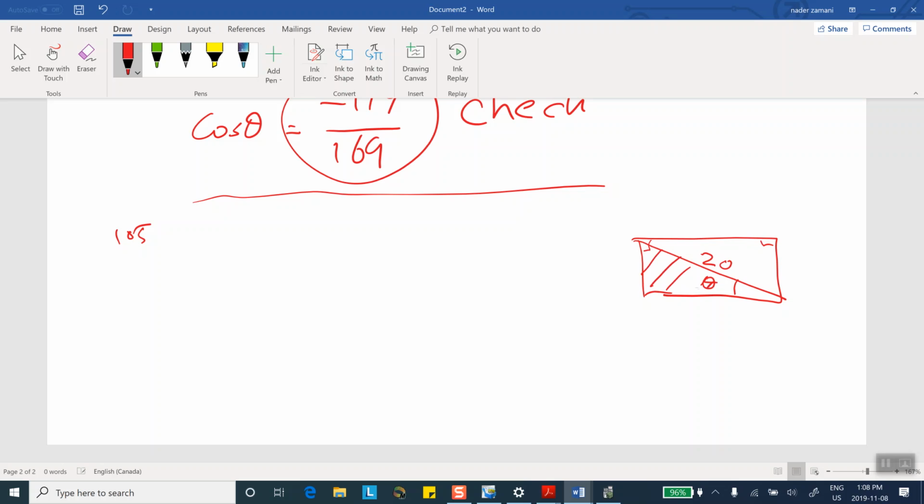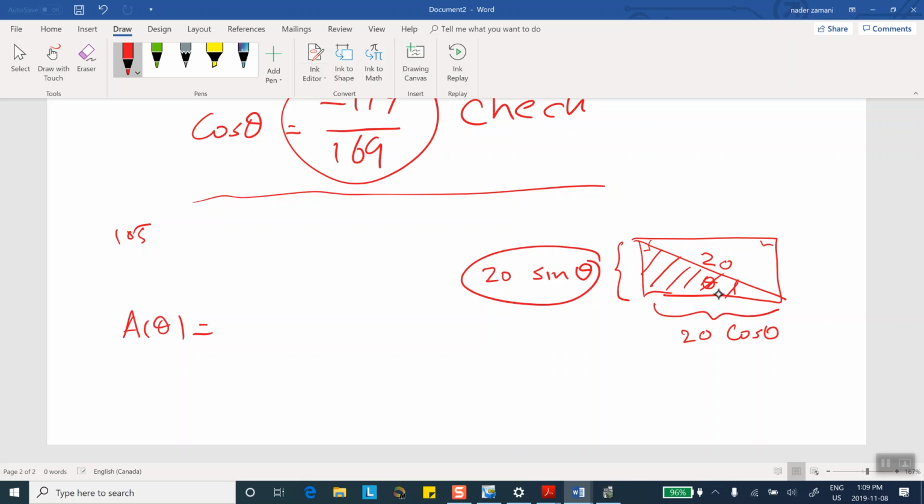In this right triangle, this height is 20 sine of theta, and this side is 20 cosine of theta. Please make sure that in this right triangle, you can write the sine of theta and cosine of theta and find these things. So the area of this rectangle, which is a function of theta, is the product of these two: 20 sine theta times 20 cosine of theta.